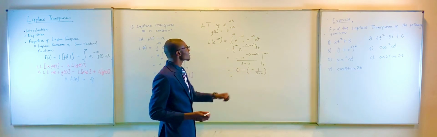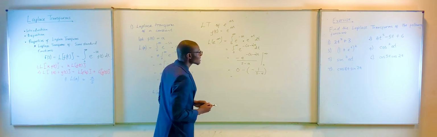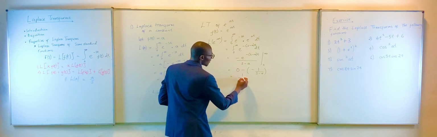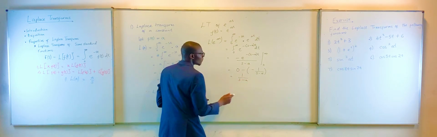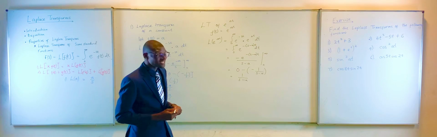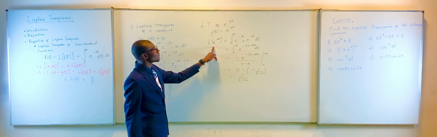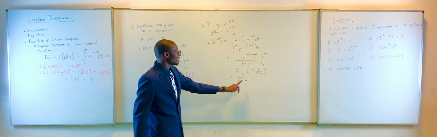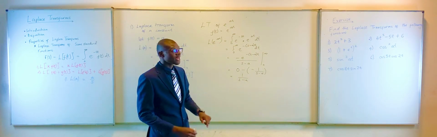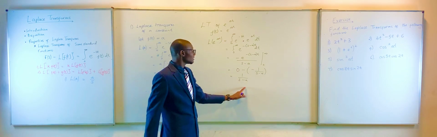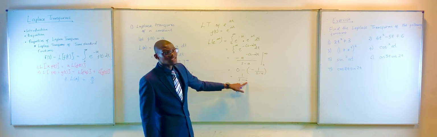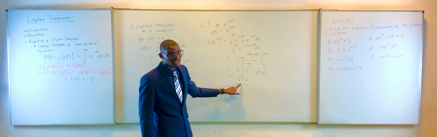And minus, the sign will simply change to a plus, such that you have 1 over s minus a. Right? So basically the Laplace transform of e to the power of at is 1 over s minus a. And this is only valid if a is greater than 0 but less than s.